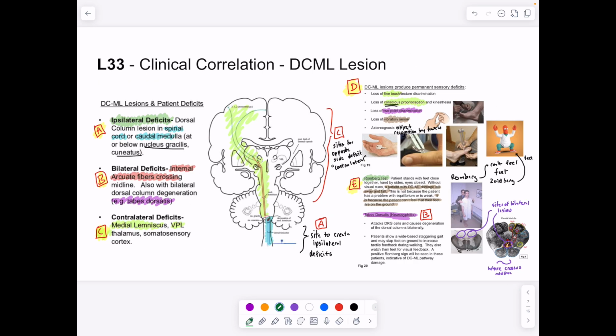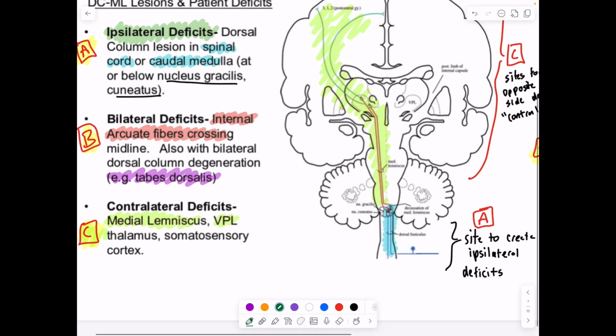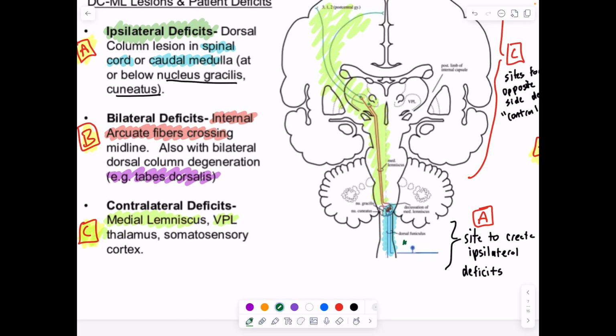Okay. All right, then we have, what if something goes wrong? So we remember that our three amigos is where we have a switch, at the level of the caudal medulla. We have a switch from ipsilateral, same side, to contralateral. And so if you have an issue before that in the spinal cord, before the nucleus gracilis or nucleus cuneatus, then you'll have an ipsilateral deficit, right?